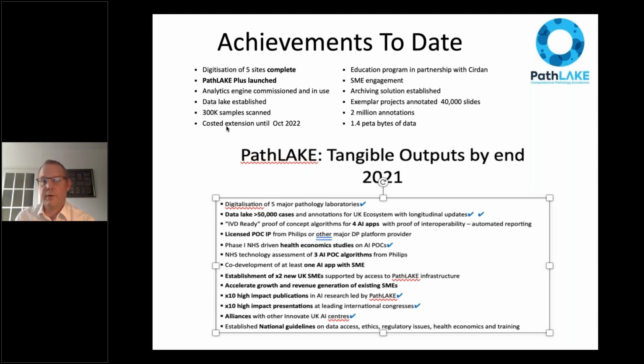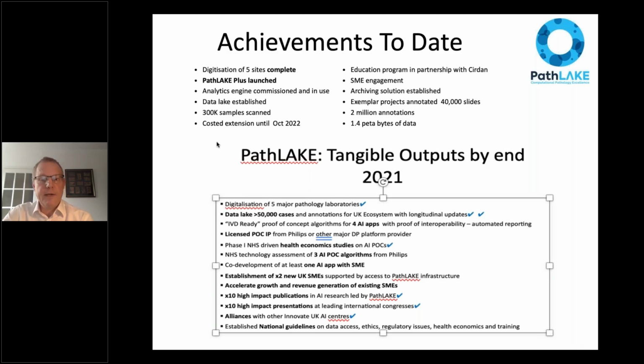Starting, of course, with the digitization of the sites involved, the 5 sites involved. That's been completed now. We've created the data lake, as I mentioned. We have massively increased the number of slides we expected to put in there. We're now up to over 300,000 cases that have gone into the data lake.